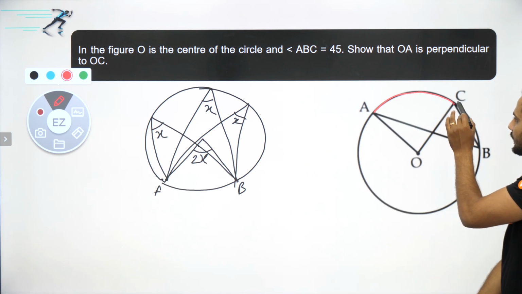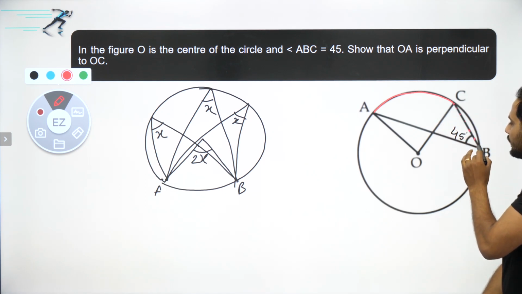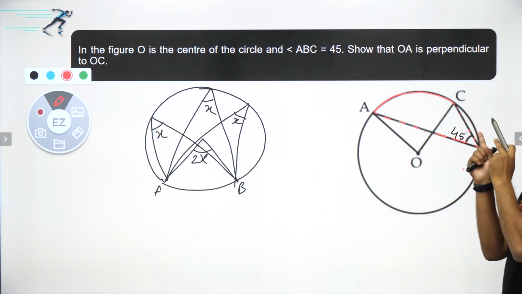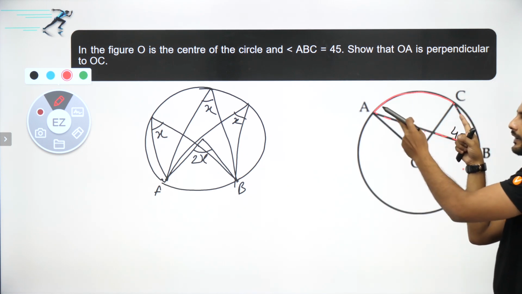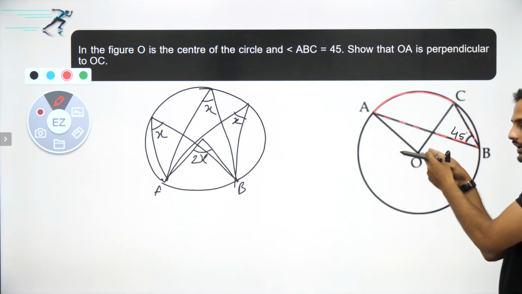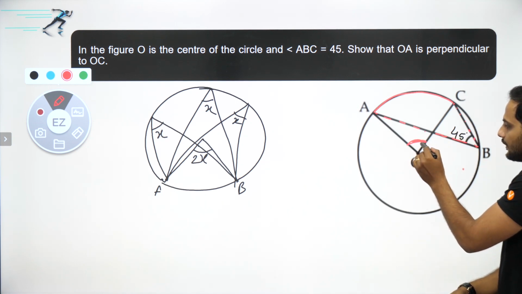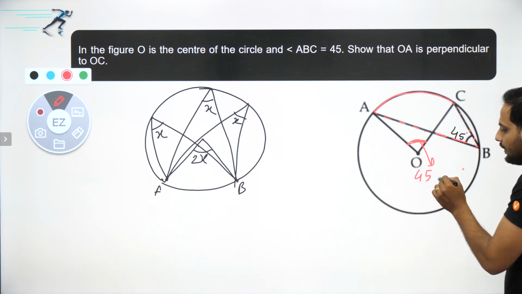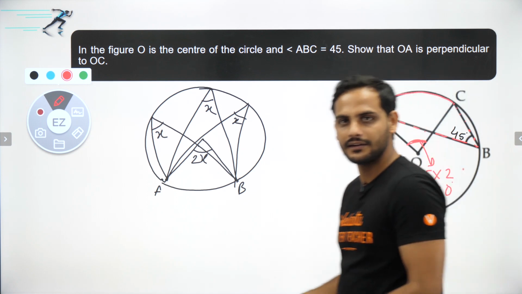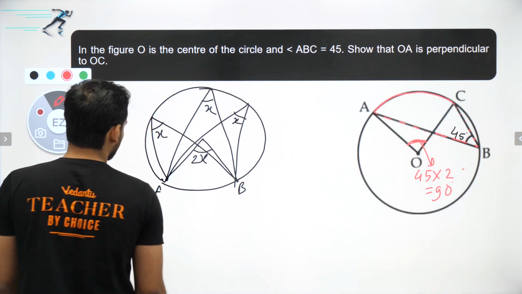So this angle is 45 degrees, correct? You can clearly see here. If this angle is 45 degrees, you know that the angle subtended by an arc at the circumference is half of the angle at the center. So this angle at the center will be 45 into 2, which is equal to 90 degrees. Correct? Direct proof. Direct proof it is.